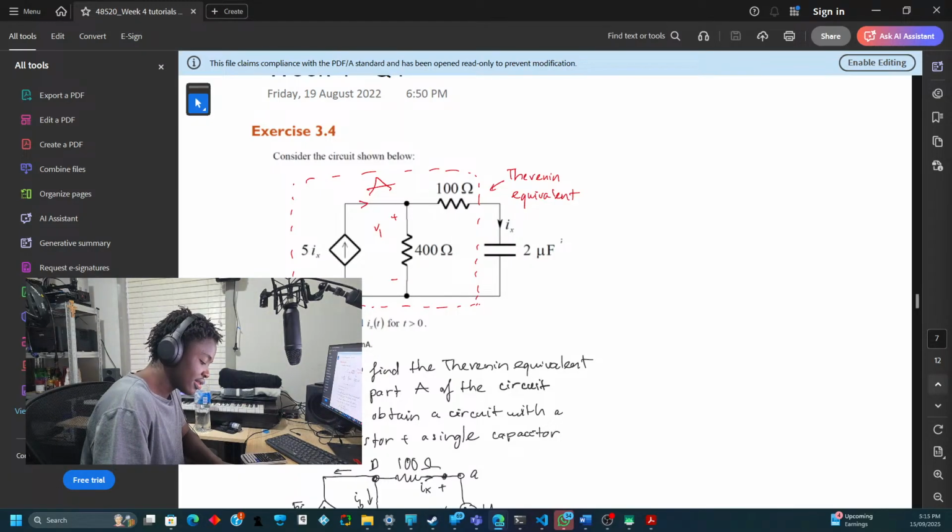In our case, this would be Ix is equal to 2 microfarad multiplied by the voltage, which is 1500 Ix. So just 1500 Ix.